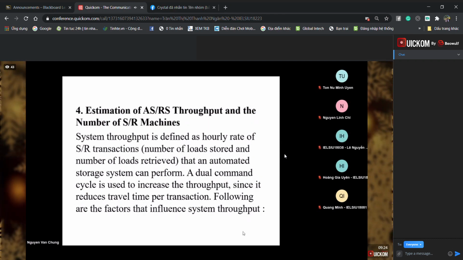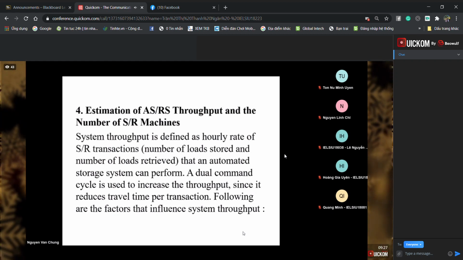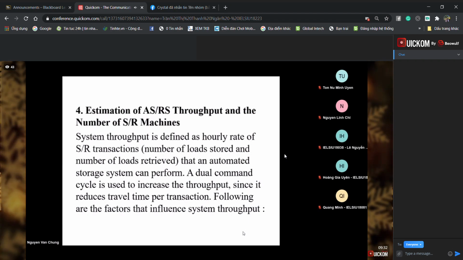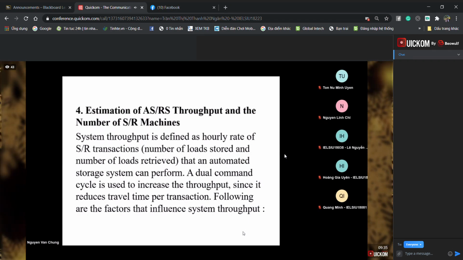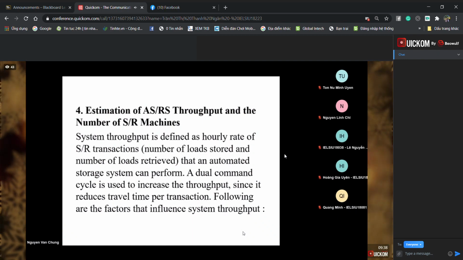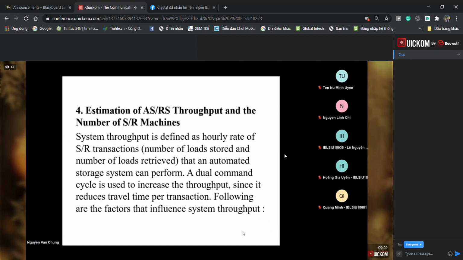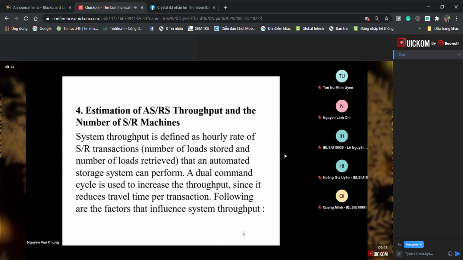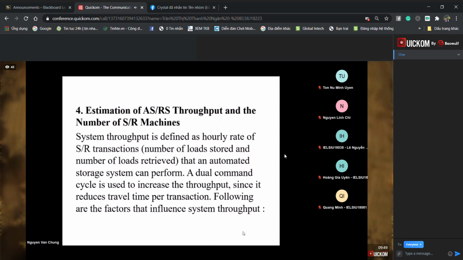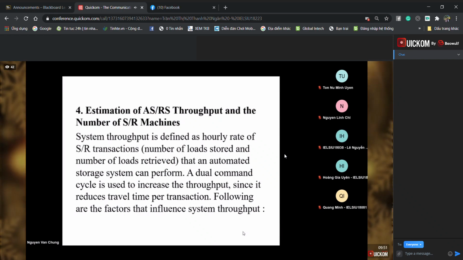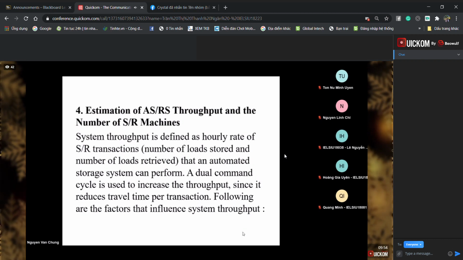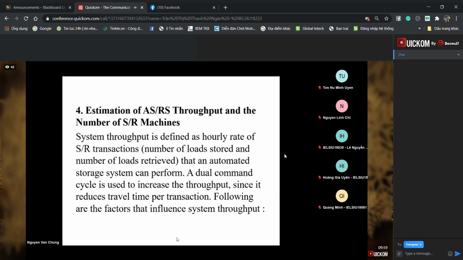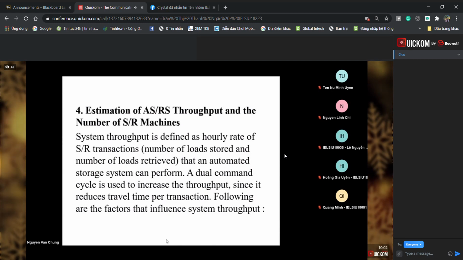In the dual command, first you store: choose the location, and the machine stores and moves to the next location, retrieves the container, and goes to the PD area, the pick-up and deposit station. Later you can understand this.